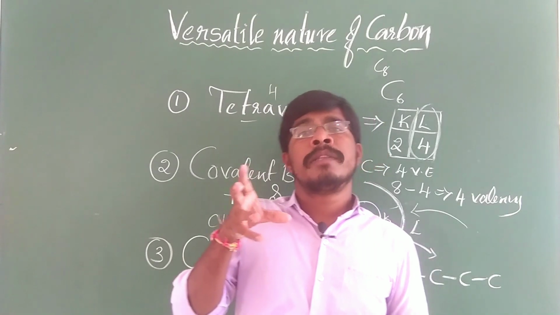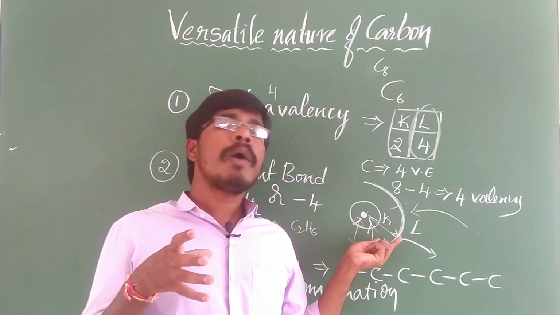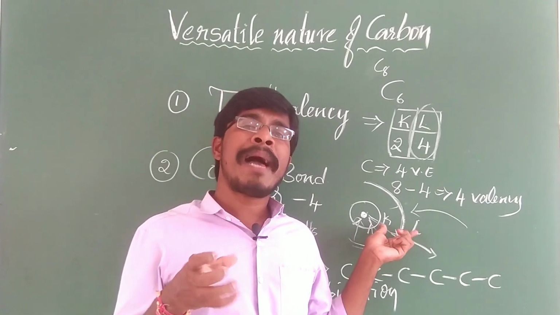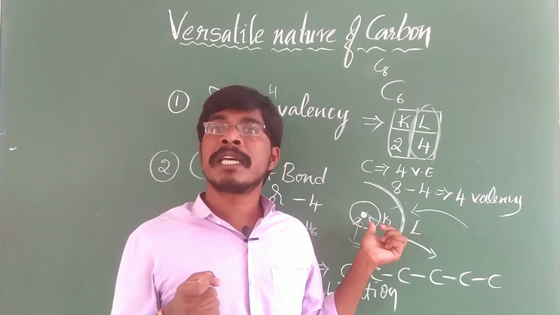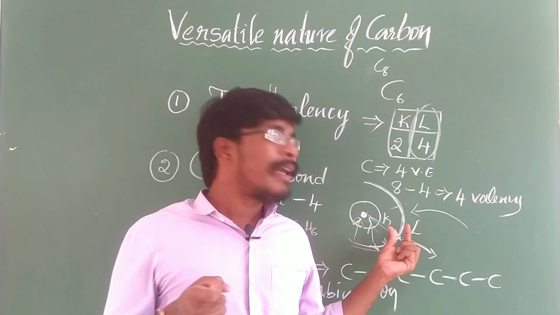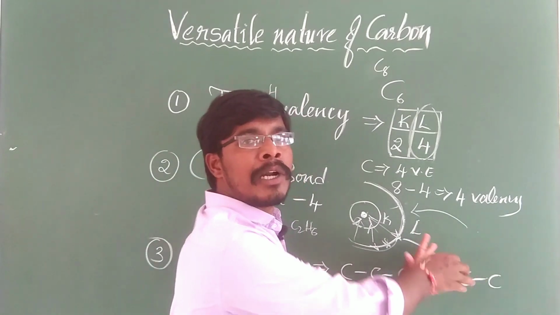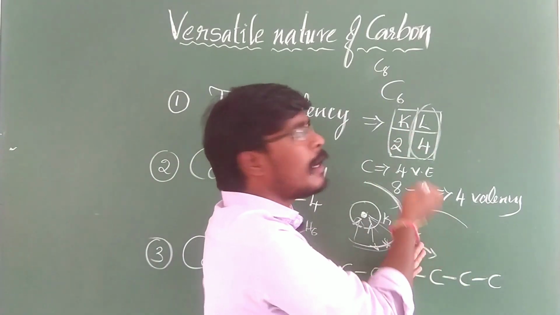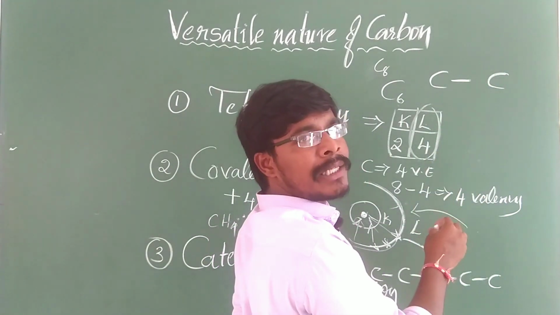The electrons in the outermost shell form a strong bond. They have a maximum attractive force towards the center of the nucleus because of its proton mass. When there is a strong attractive force, removing those electrons to break the bond between carbon atoms is difficult.